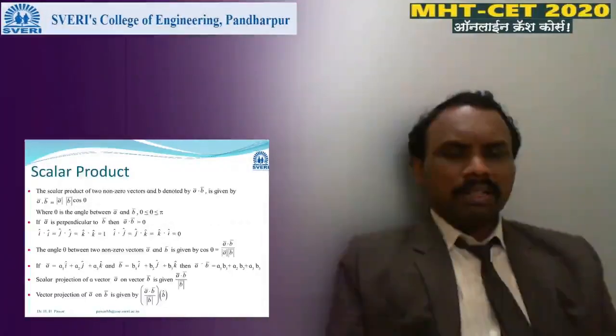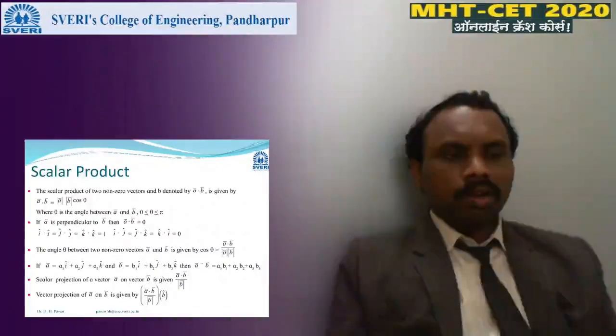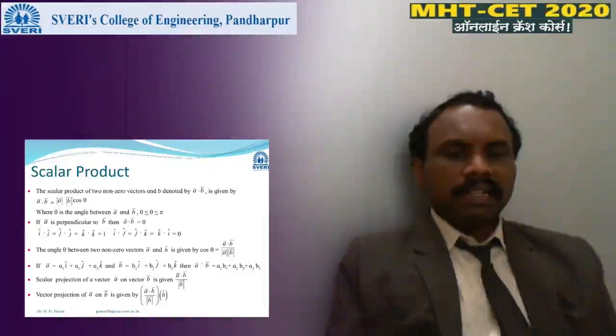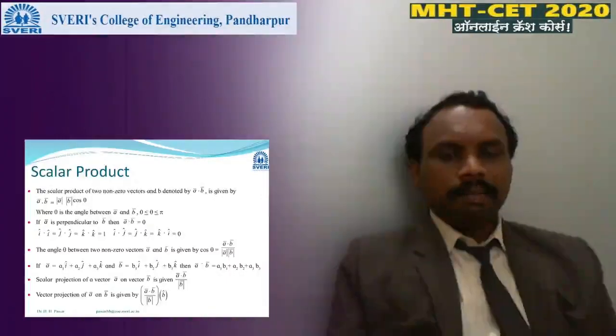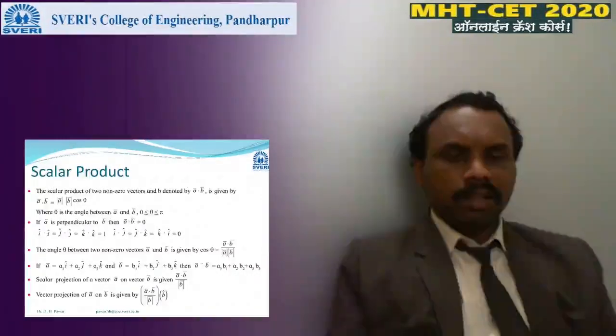Also take a note that if a bar is perpendicular to b bar, then the dot product of a bar and b bar is equal to 0. That is, if theta is equal to pi by 2, then a bar dot b bar is equal to 0.